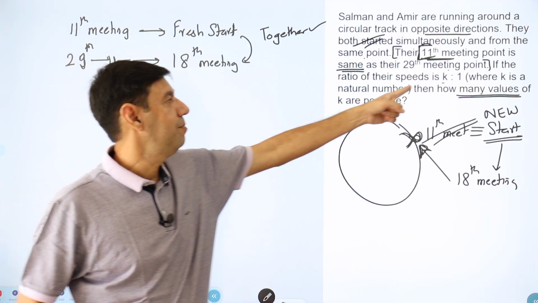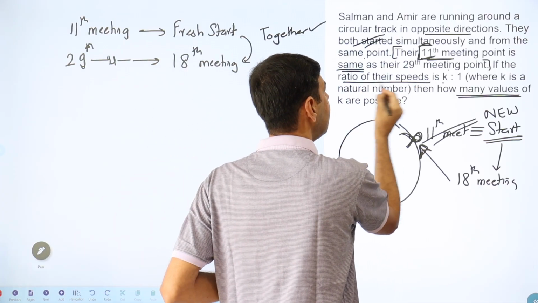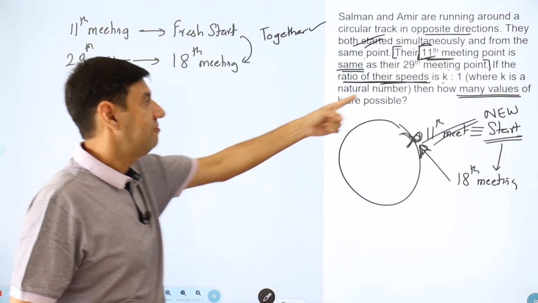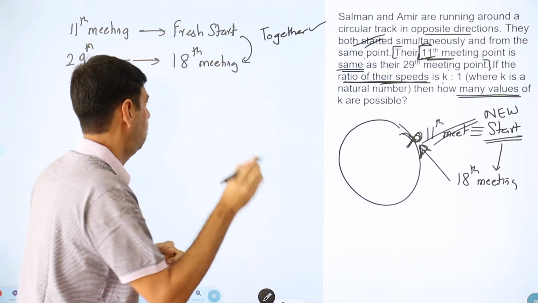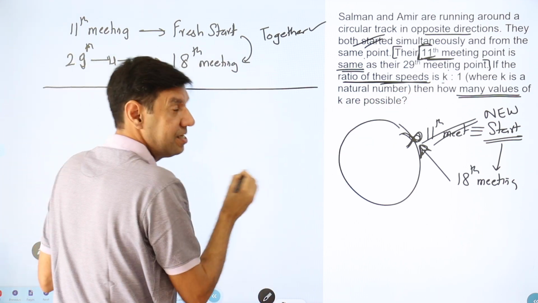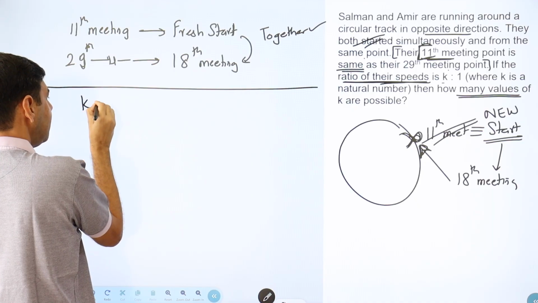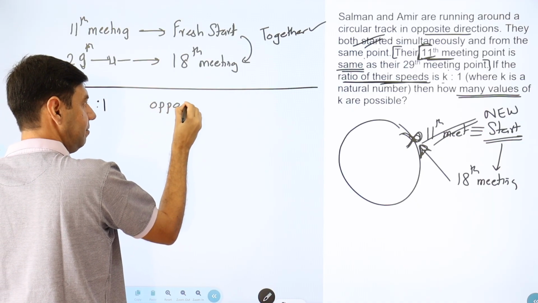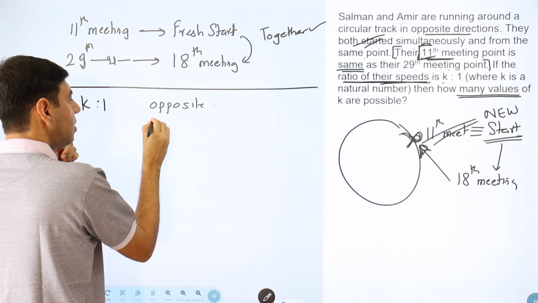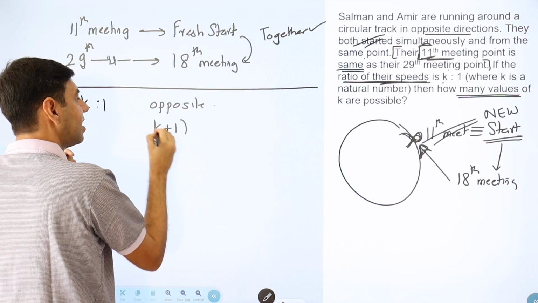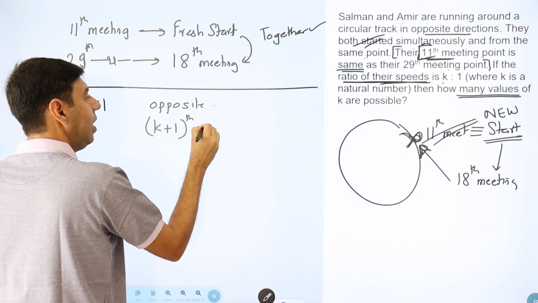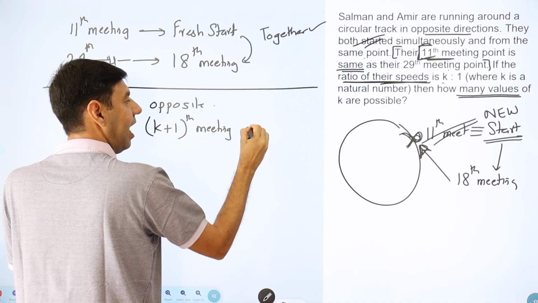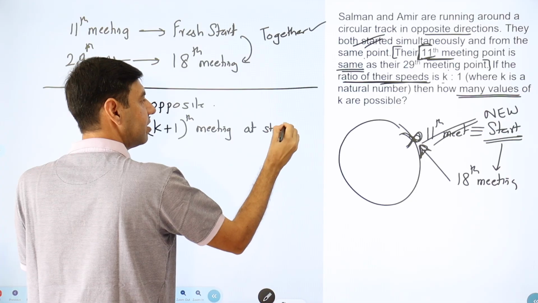So if you know the interpretation of ratios of the speed: if k plus 1 is the ratio of the speed and they are in opposite directions, then we know that the k plus 1th meeting will happen at the start point.